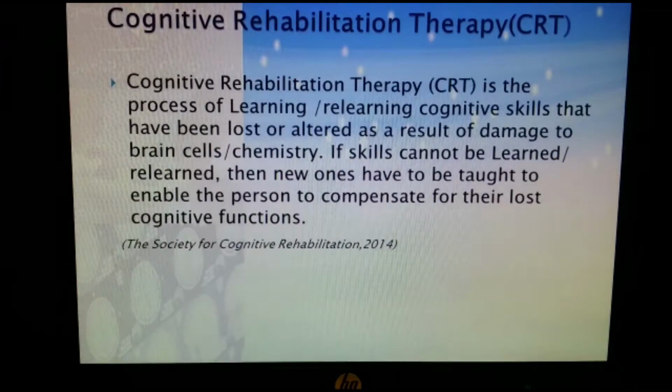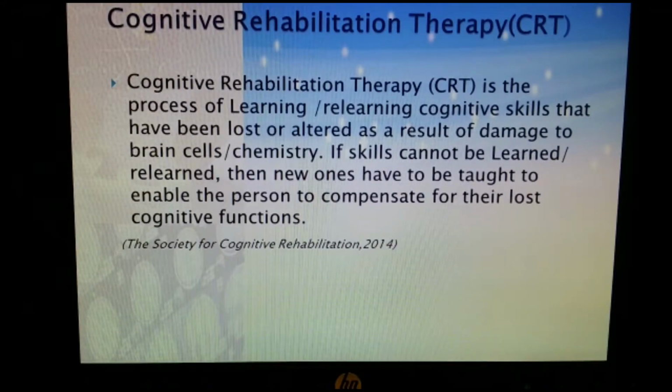Based on the Cognitive Rehabilitation Therapy Association in North America, cognitive rehabilitation therapy is defined as the process of relearning cognitive skills that have been lost or altered as a result of damage to brain cell chemistry. And if a skill cannot be learned or relearned, then new ones have to be taught to enable the person to compensate for their lost cognitive function. So there are some keywords in this definition.